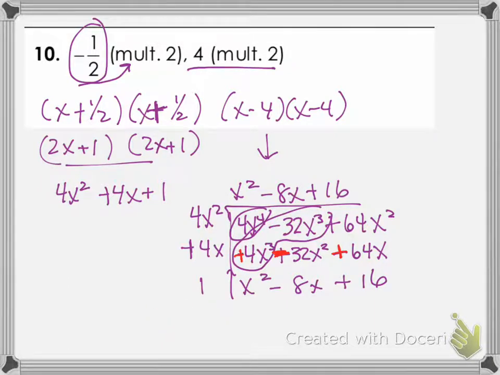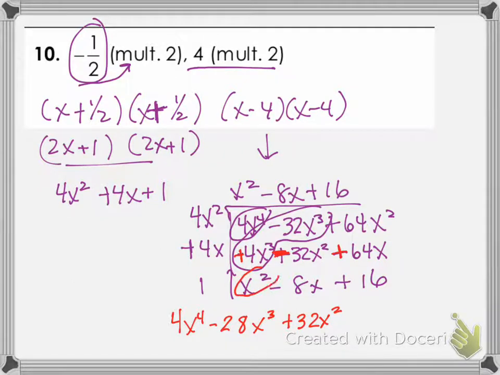So coming down, I still have 4x to the 4th. And then I would have minus 28x cubed. Then I have a minus 32 and a plus 64, so that would be plus 32x squared. But look at this.